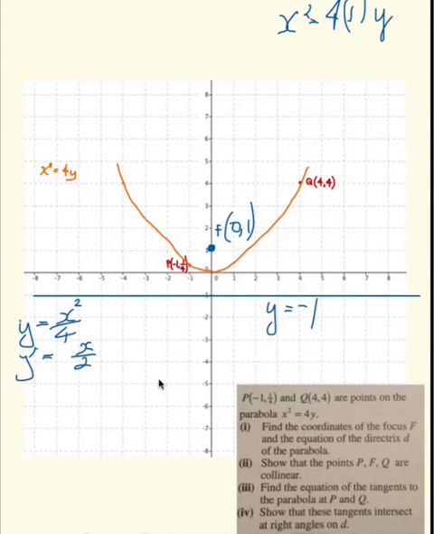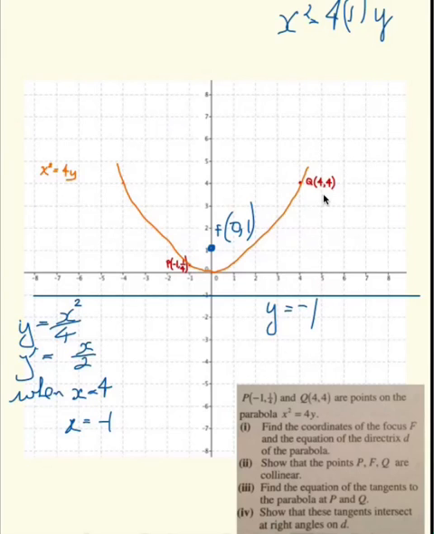Now there's the function, and you would say when x equals 4, you'll find that, and when x equals negative 1, which is the point P, you'll get the gradient. You'll get two different gradients, because of course the gradient here is going to be negative, it's going down. The gradient here is positive, it's going up. And you'll find the gradient, then use the point-gradient formula to find the two tangents.